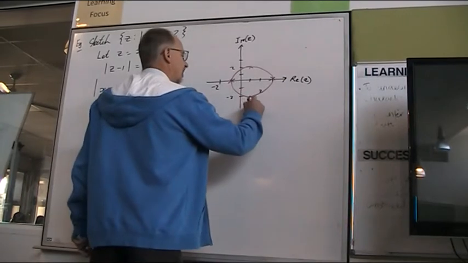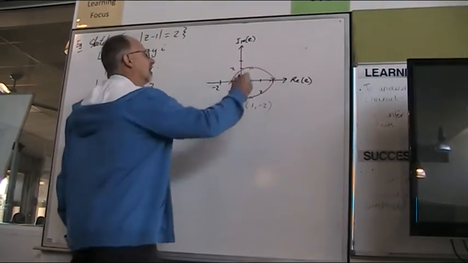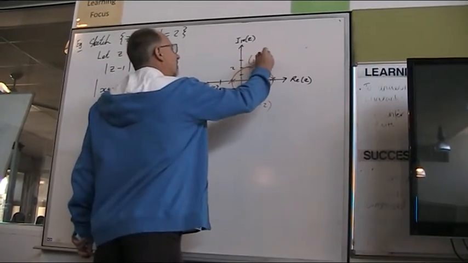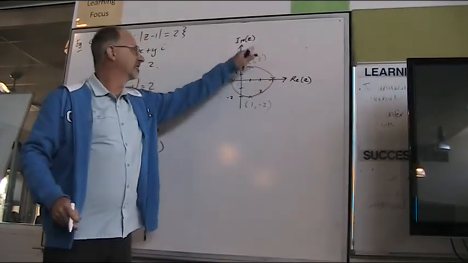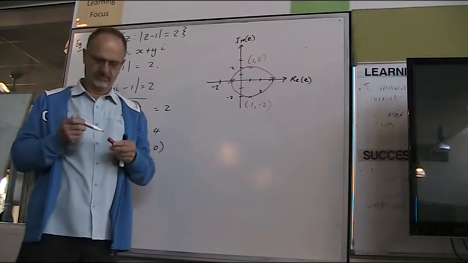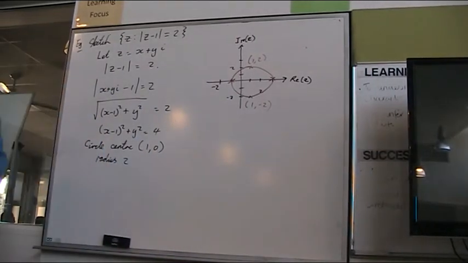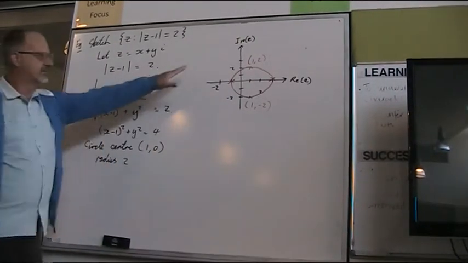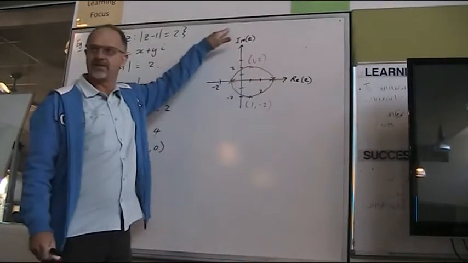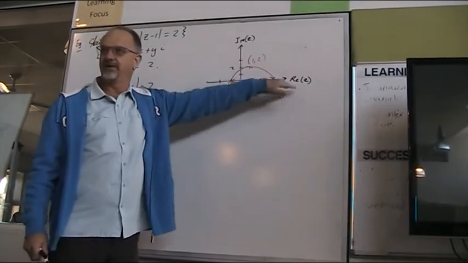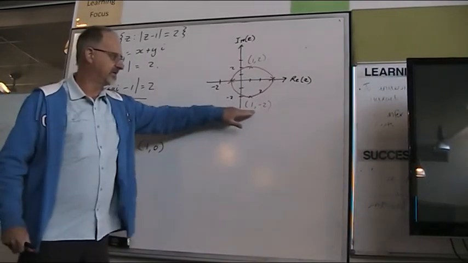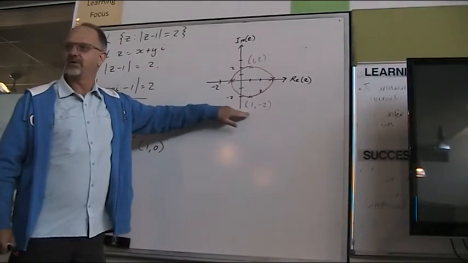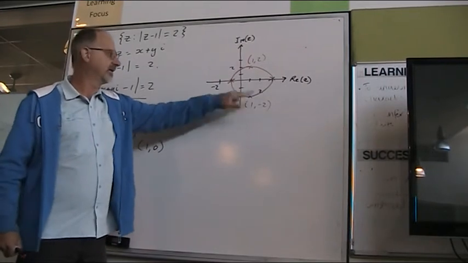Just the same way, 1, negative 2. The 1 is the real part, 2 is the imaginary part. Because we've labelled these as our real and imaginary parts, we've already made that adjustment, so these numbers all represent the real and the imaginary part.